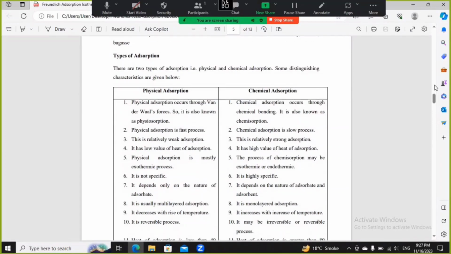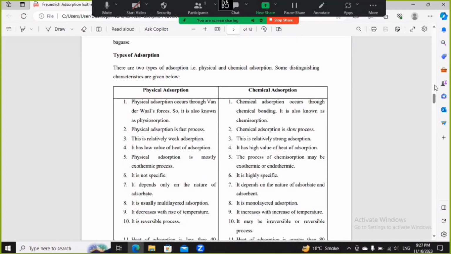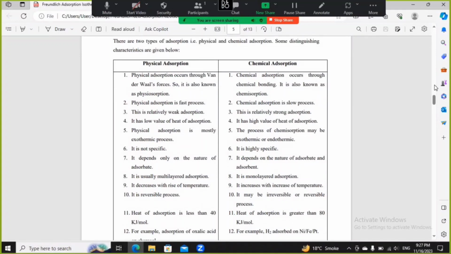Types of adsorption. There are two main types of adsorption as discussed before, physical adsorption and chemical adsorption. Physical adsorption occurs through van der Waals forces, so it is also known as physisorption, while chemical adsorption occurs through strong chemical bonding, so it is also known as chemisorption. Physical adsorption is a fast process, while chemical adsorption is a slow process.